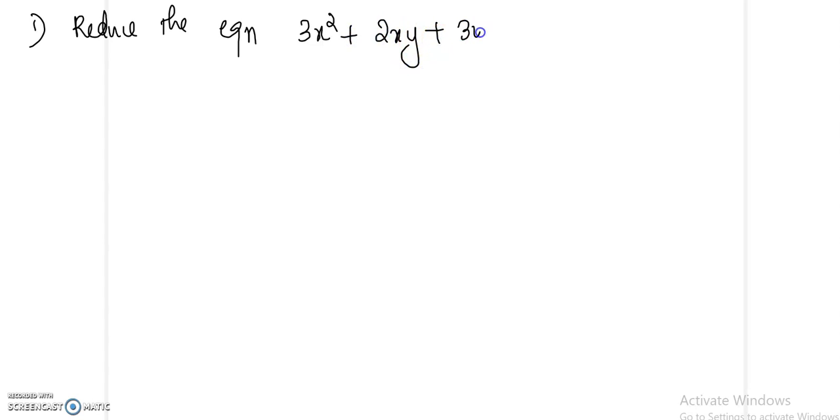So let us look at an example. Reduce the equation 3x square plus 2xy plus 3y square minus 16x plus 20 equal to 0 to normal form.